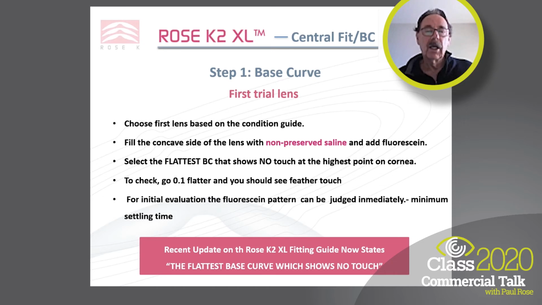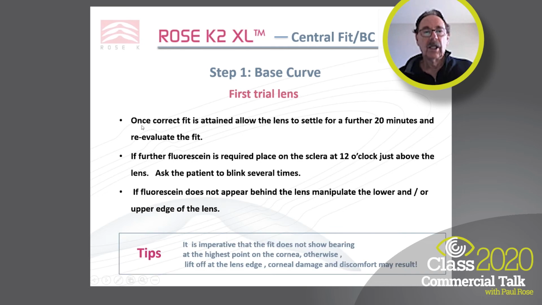So I now talk about the flattest base curve which shows no touch. So once you get the correct base curve, you're allowed to settle for a further 20 minutes and reassess it. It can settle down a little bit, 20 to 30 microns in some cases, but in other cases, it doesn't settle any further. If you need to add fluorescein, put it on the sclera, a couple of blinks, and that will flush underneath the lens.